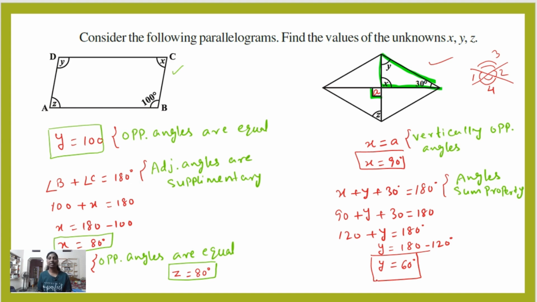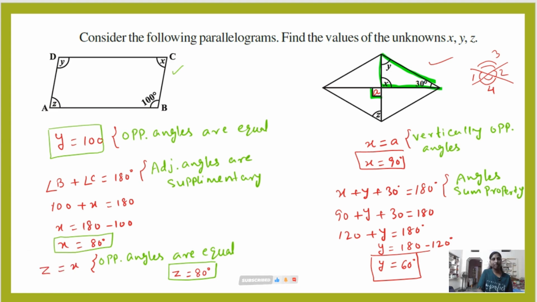Now what about z? How can we find out the value of z? Now I will erase all these things. Now you can see it is a parallelogram. So this side and this side, these opposite sides, are parallel, and this is a transversal. This transversal intersects these two opposite sides.